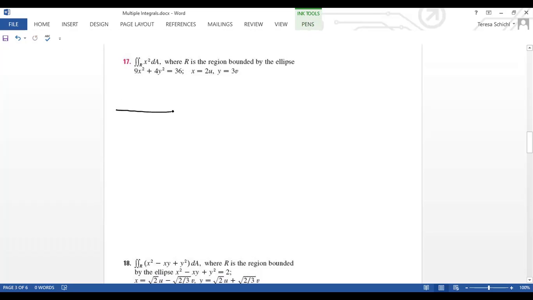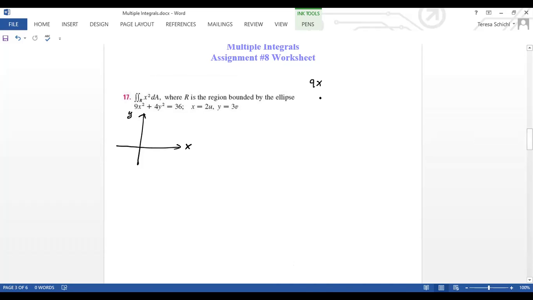So first, this is x, this is y. This ellipse is 9x squared plus 4y squared equal to 36.